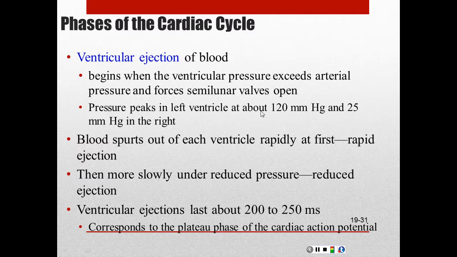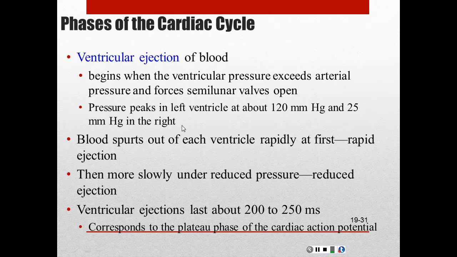The left ventricle is going to be sending the blood to the remaining parts of the body, the upper extremity, lower extremity, and the organs, and the right is pumping it just to the lungs. So the pressure doesn't have to be that high to get to the lungs.